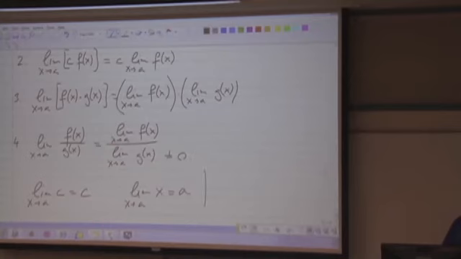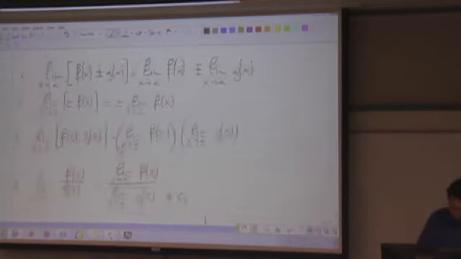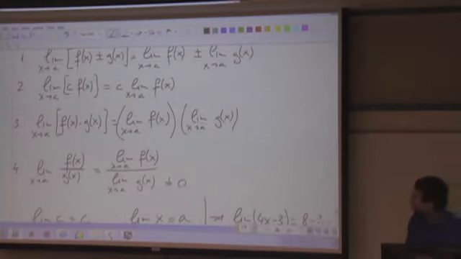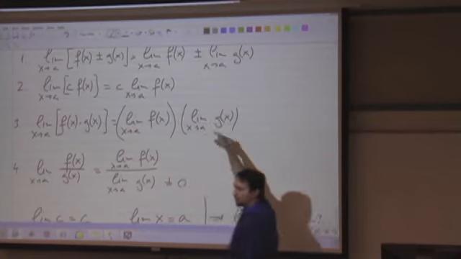So then, with these in mind, and with the properties above, can you tell me what the limit as x goes to 2 of 4x minus 3 is? Eight minus 3, which equals 5. Why? Well, because the first property says that the limit of a sum is just the sum of the limits, or a difference.